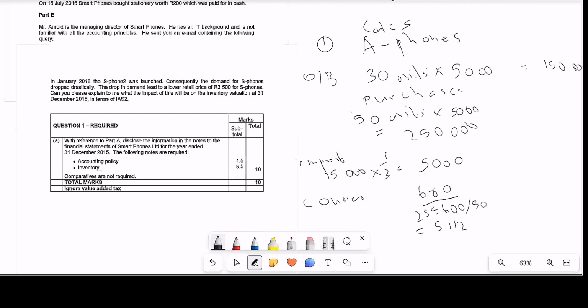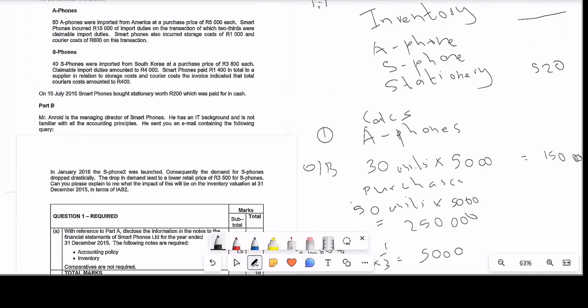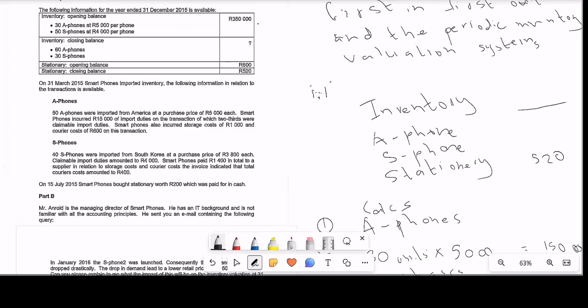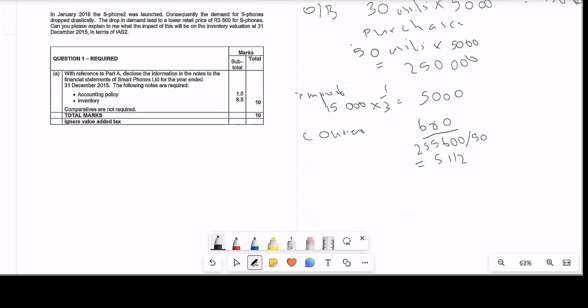So let me do it like this so that we can be done with the A phones at once. So it says here the closing balance they had 60 A phones on hand. So basically we had 30 on hand.